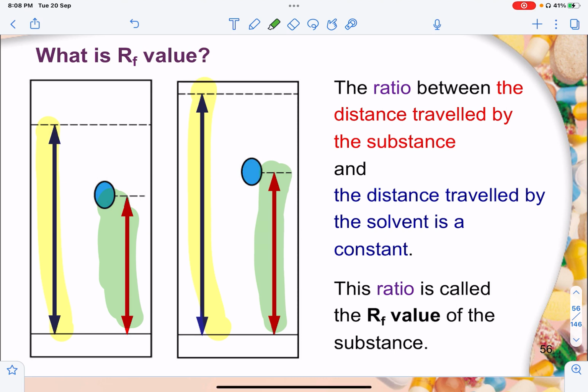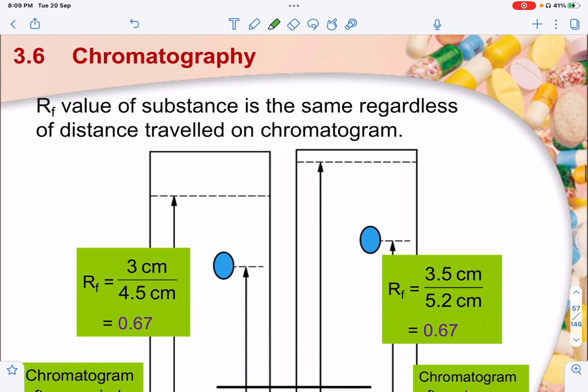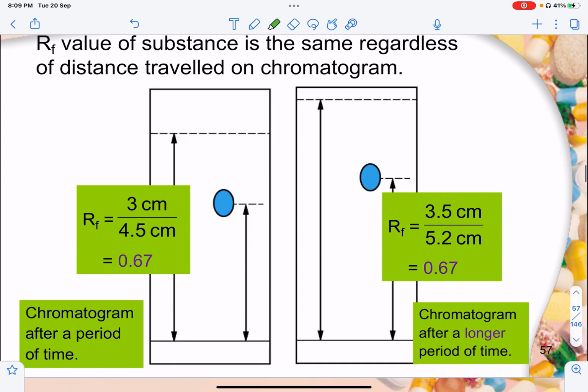Then the ratio between the two of them is what we call the Rf value. In this example, this can be 3 cm, whereas this whole thing is 4.5 cm. The ratio between them is this one, whereas this is 3.5 and this is 5.2. So this is the formula between the two.